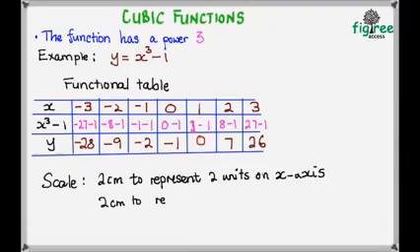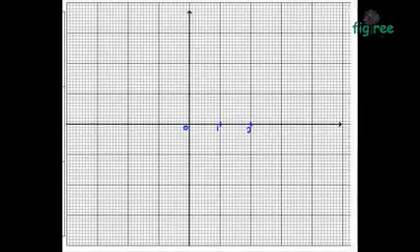So we need to plot this first. This is the scale: 2 centimeters to represent 2 units on the x-axis and 2 centimeters to represent 10 units on the y-axis. Let's draw and label our axes.